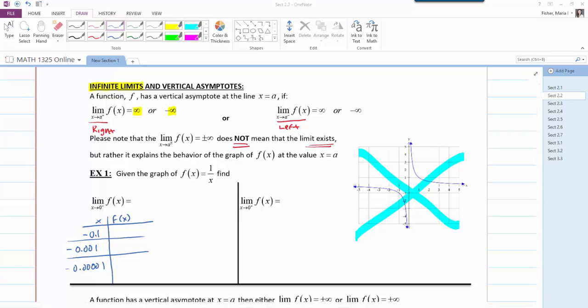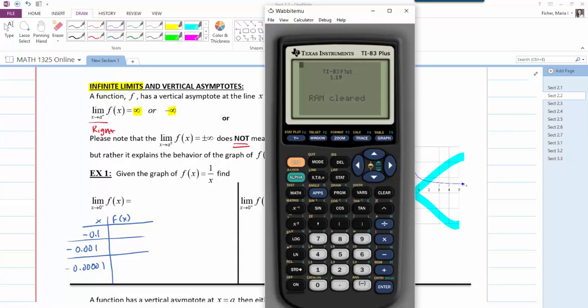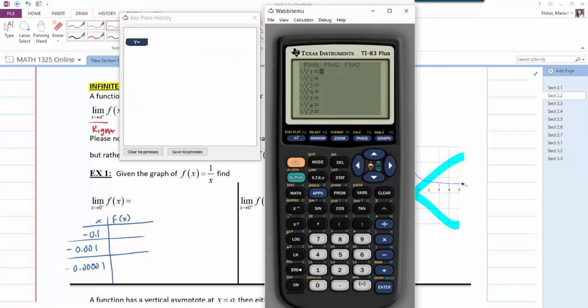And on a graphing calculator, we're going to use a table to find this information. So I'm going to hit y equals, and then I'm going to plug in our function of 1 over x. And then I'm going to hit second and table set because I want to set up a table to find this quickly.